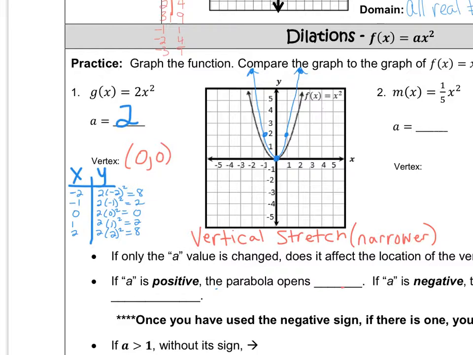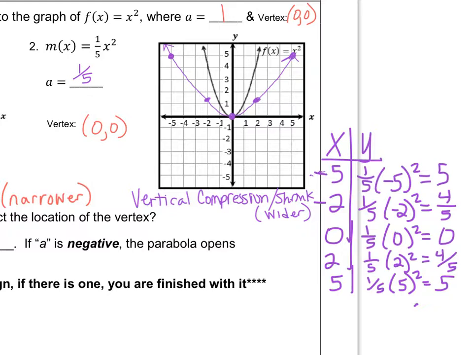Okay, on number 2, I want you to go ahead and pause your video and create a table and graph number 2, and then turn the video back on. Okay, so when I filled out a table and graphed it, notice that I still have the same vertex as my parent function, 0, 0, but now my graph is a lot wider.